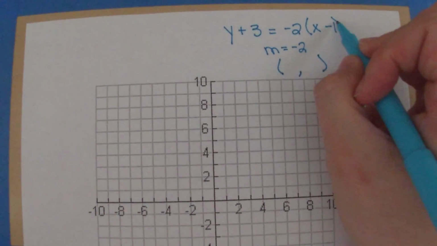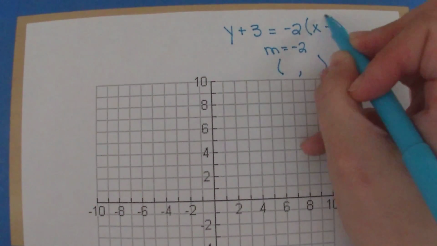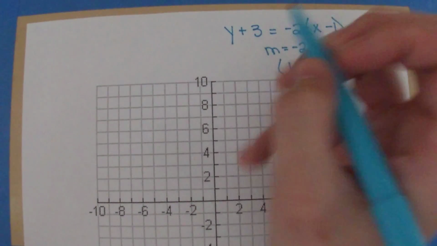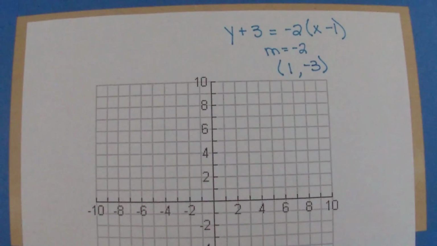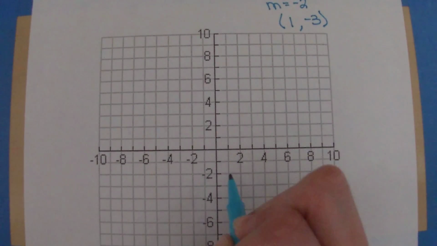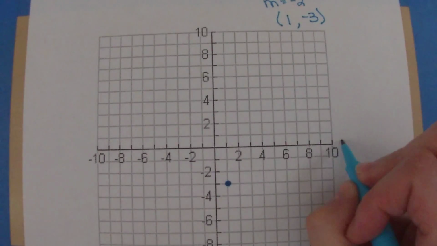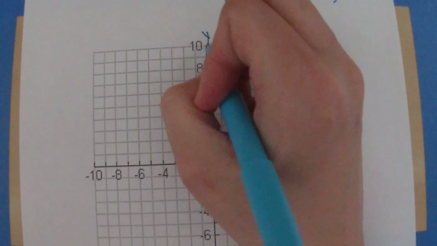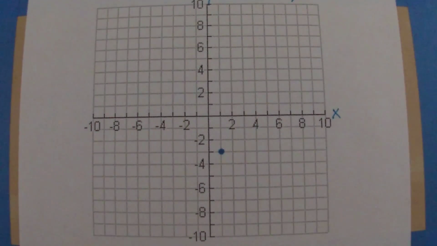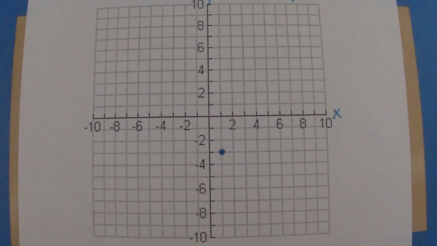For our point, we want the opposite sign. So a negative 1 turns into a positive 1. A positive 3 turns into a negative 3. So I will then plot the point 1, negative 3. This is my x-axis. This is my y-axis. I'm plotting that point 1, negative 3.